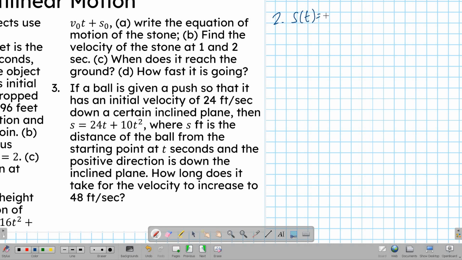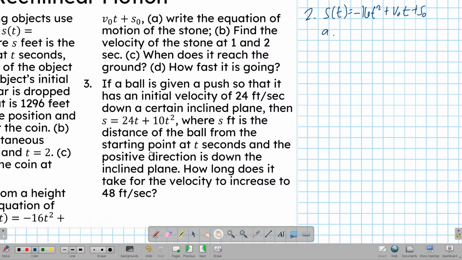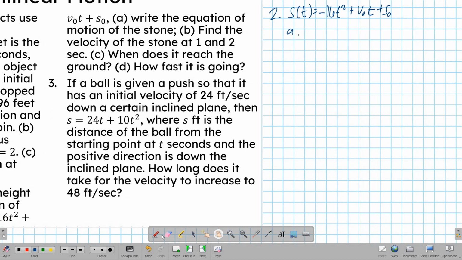the equation of motion for free fall would be negative 16t squared plus v sub o t plus s sub o. Since we are asked for A, the equation of motion of the stone, our initial height is 256 feet, but since it's being dropped, it doesn't have any initial velocity, so v sub o is 0.